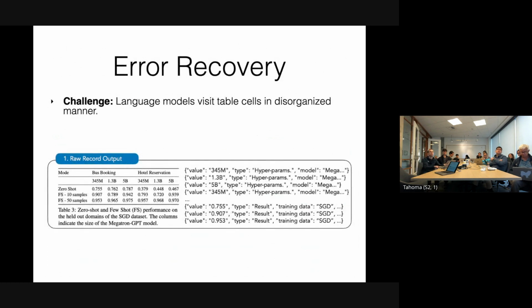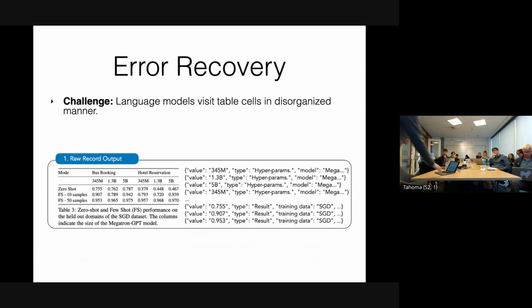Okay, so one challenge that we ran into, if you just give a model this sort of table and ask it to produce that JSON output, is that the models tend to be a little bit disorganized in how they go about extracting these JSON records.